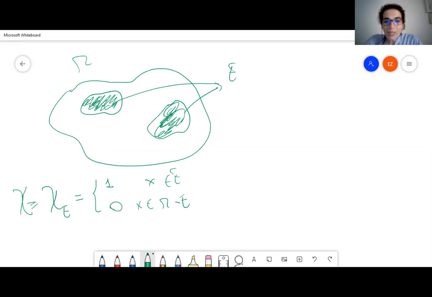So let me see if now you can see my slides. So the idea is that I will use the presence of this field to start writing the energy.